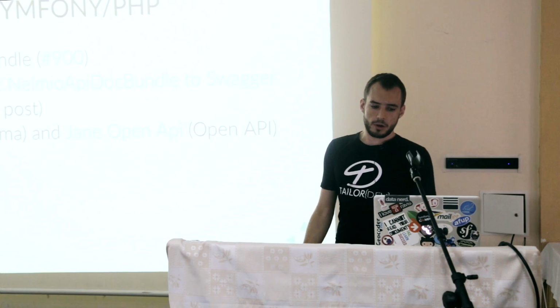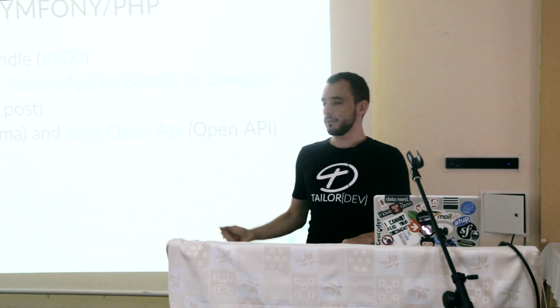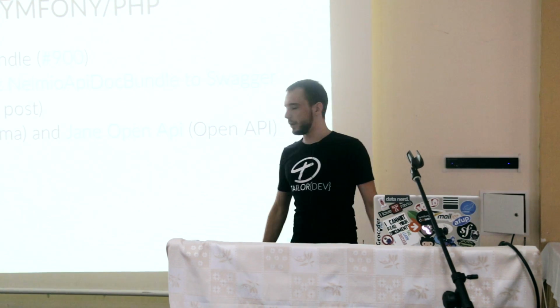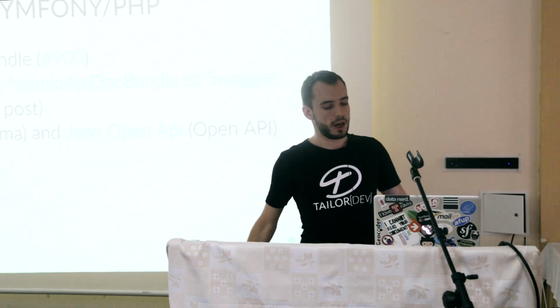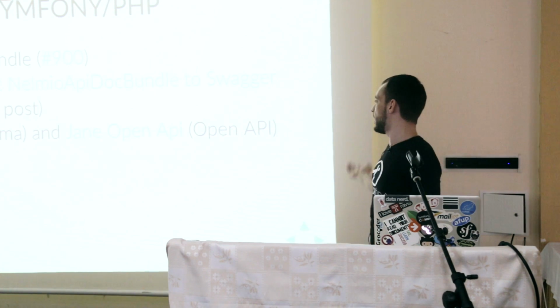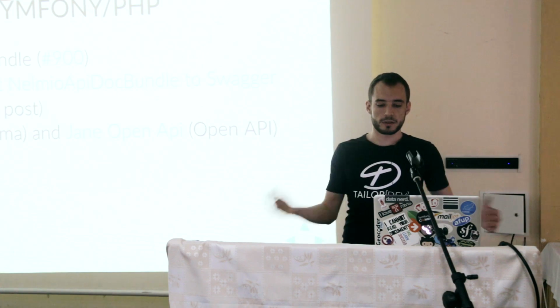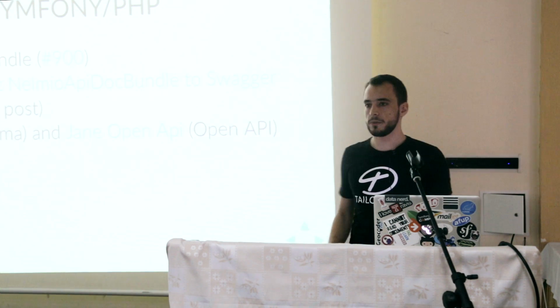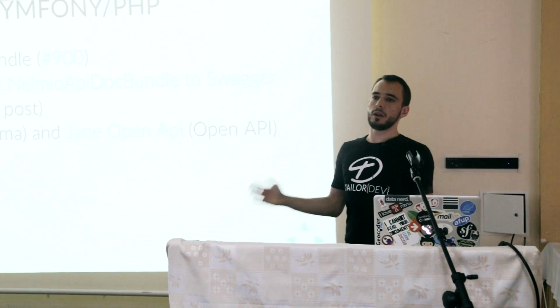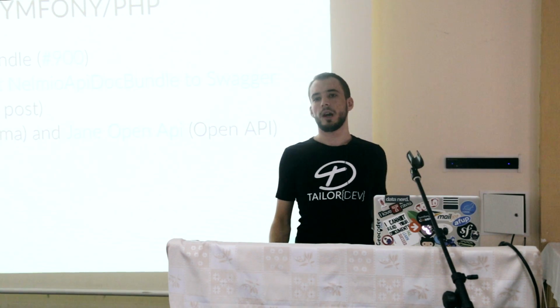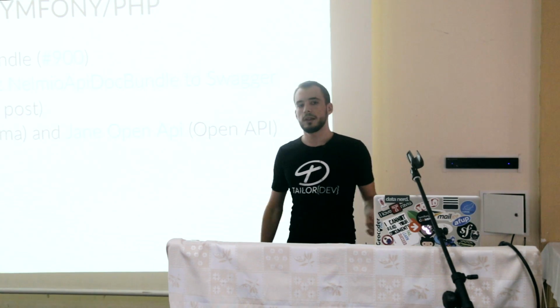Some people already did some work to convert from the ApiDocBundle to Swagger, and we have different libraries in PHP, like Jane and Jane OpenAPI, for both JSON Schema and OpenAPI if you want to use these tools in PHP. But basically, API Blueprint is generic.